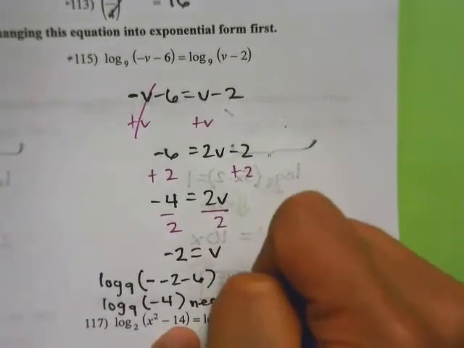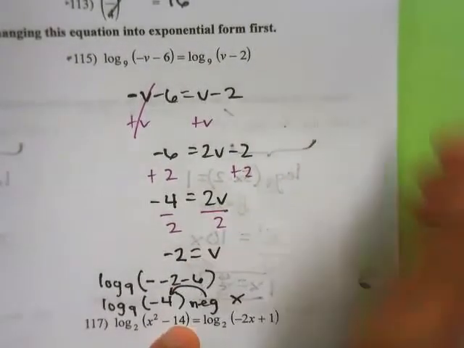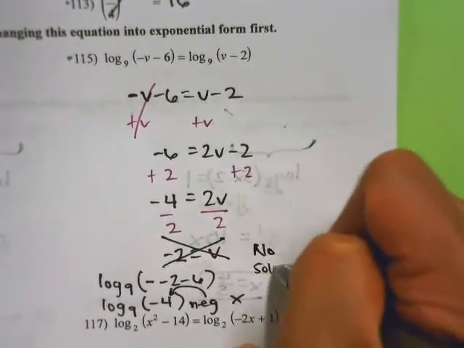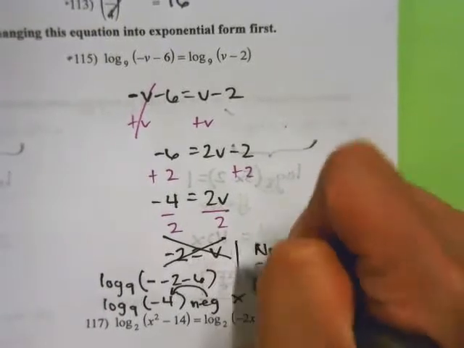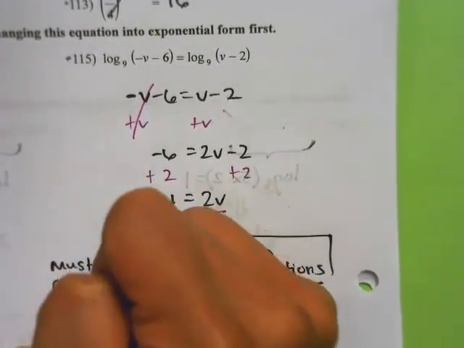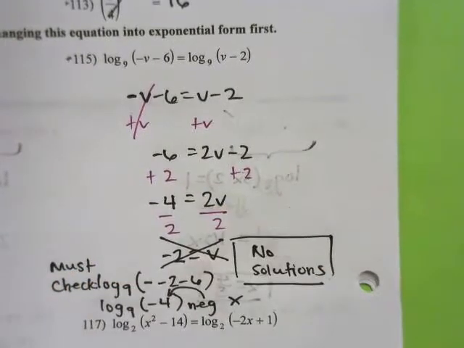So we're just going to reject this, and there's going to be no solutions. So please be careful. You must check. You cannot have a 0 or a negative in the logarithm. So that will be that.